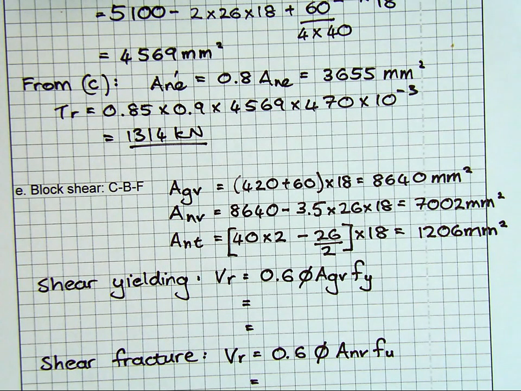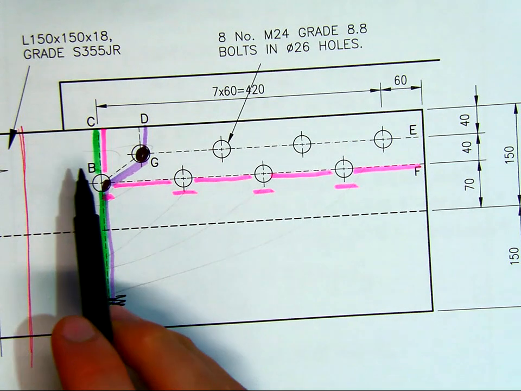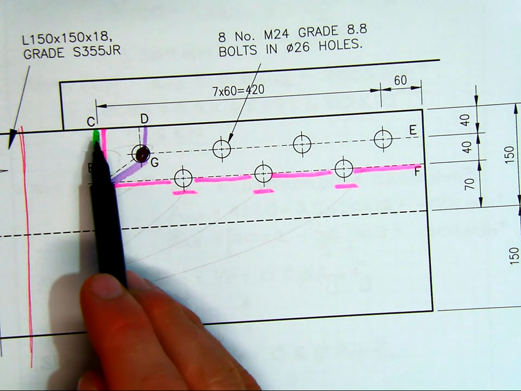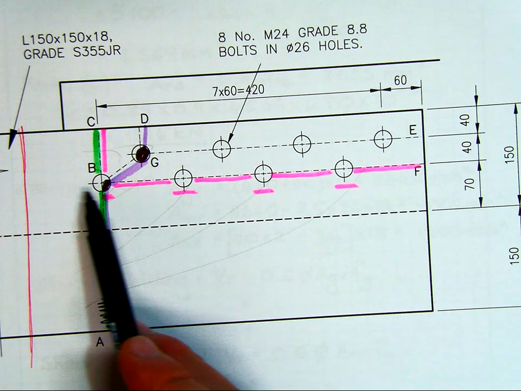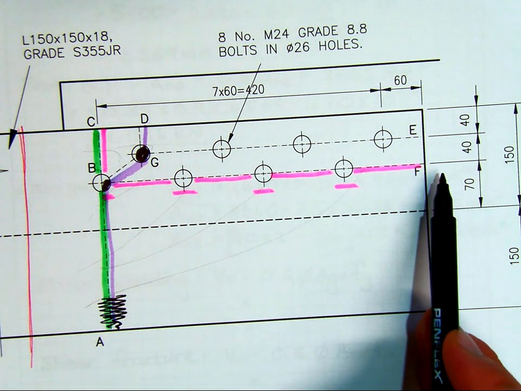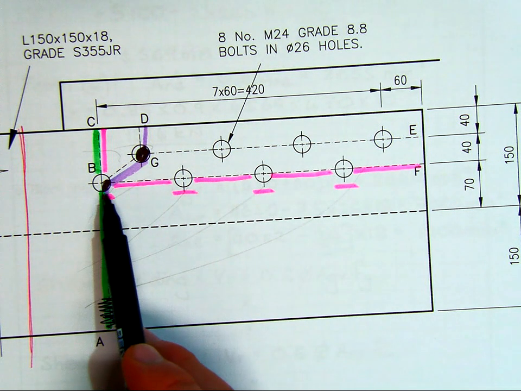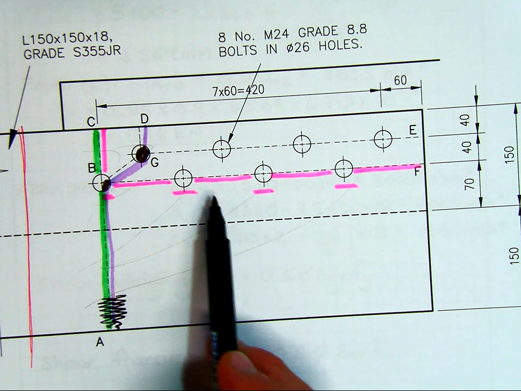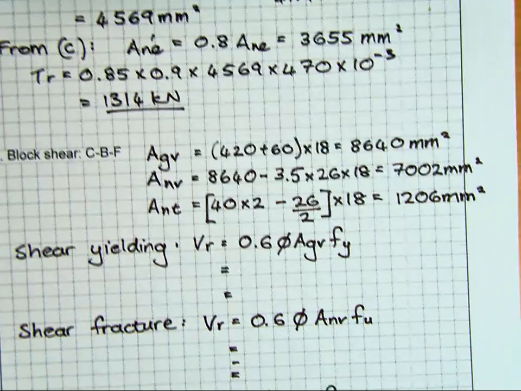So once again, looking at this pink outline, I've checked between B and C in tension, and I've excluded the bolt hole, and then this whole length, either taken the whole thing in shear or the net area in shear, excluding those bolt holes. And we will now start plugging those into the equations.